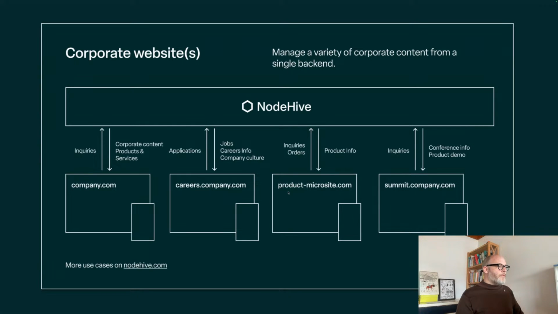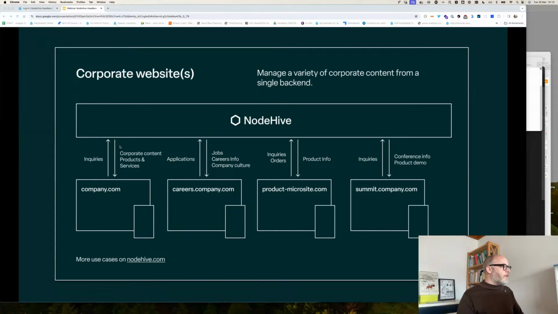It can even go on. For example, you want to create a product microsite where some specific product information is only shown on a marketing landing page for a product or for a product line. Obviously, you also want to get inquiries and orders from that microsite. Maybe you also want to show some content from the corporate site, like about us information, on the same product microsite.